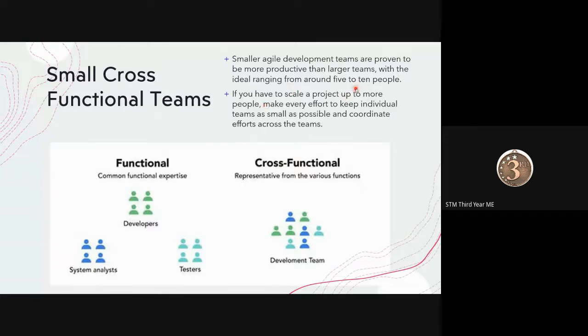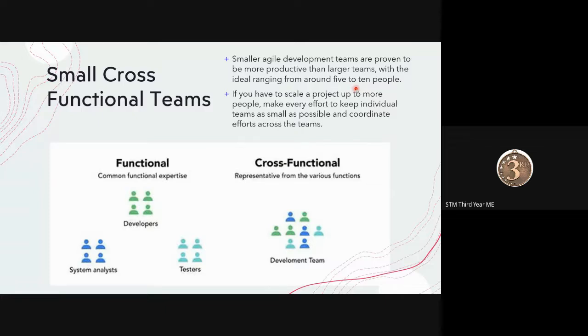The project may be a bigger project. If you are getting a bigger project, you can't do all the work by this cross-functional team itself. There also we are dividing the work and giving it to these particular teams, but every individual in the team will have knowledge of what is to be done. That is the advantage of a cross-functional team.